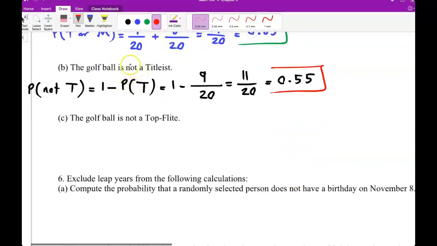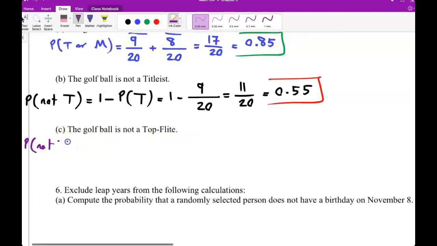Here is not, that's why we subtracted from 1. Here again is not, so again we should subtract from 1. So probability of not, for this part we use TF. Again subtract from 1. Now here we have probability of top flight. Subtract from 1 is for when we don't have that part. It's 1 minus, for TF we have 3, in total 20.